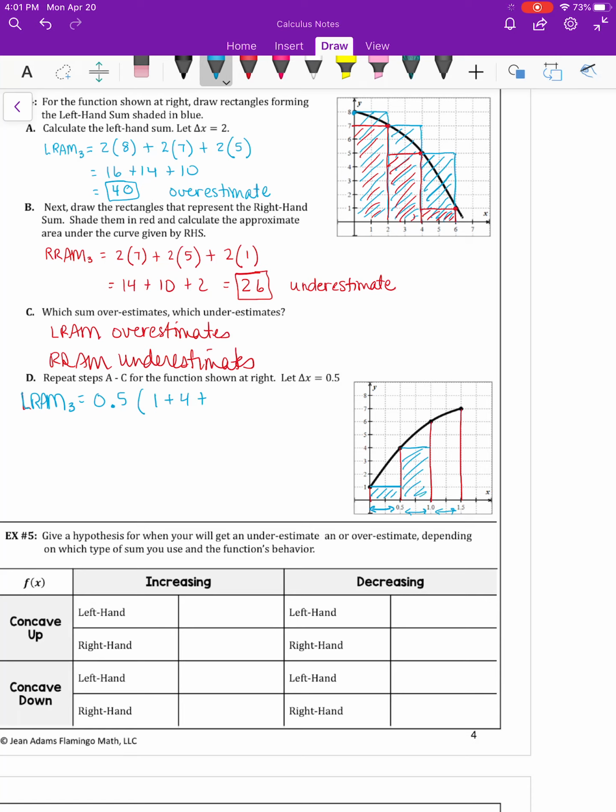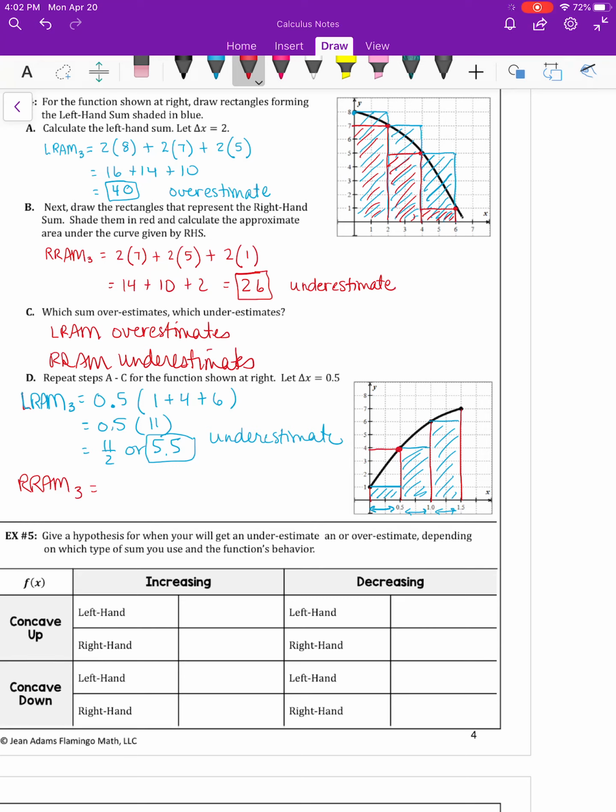So we could put 0.5 on the outside and then just put our LRAM values, add them up. So the first one is 1. Our second one is 4. And our third one is 6. So this is going to give me 0.5 times 11, so 11 halves, or 5.5.